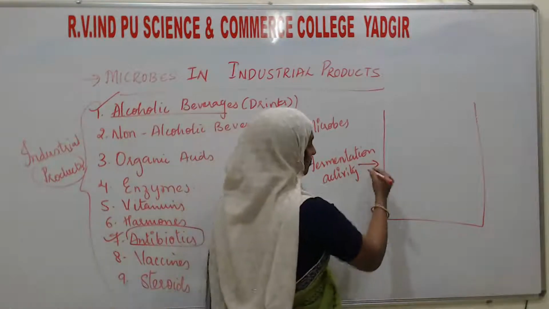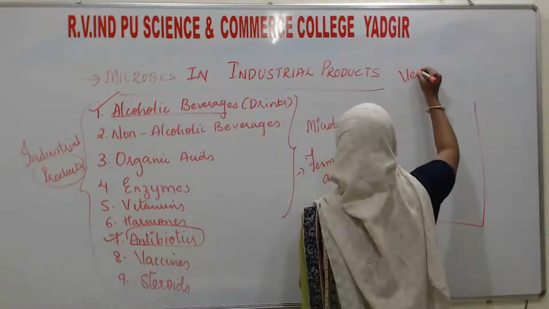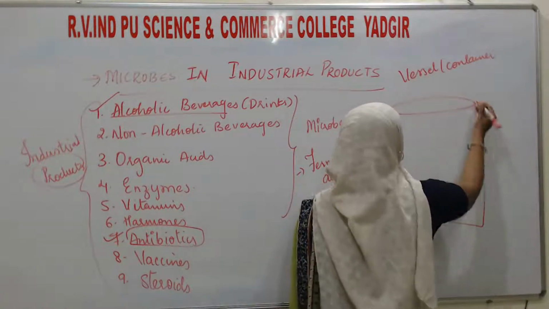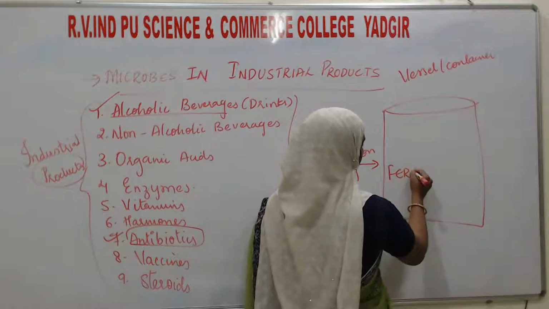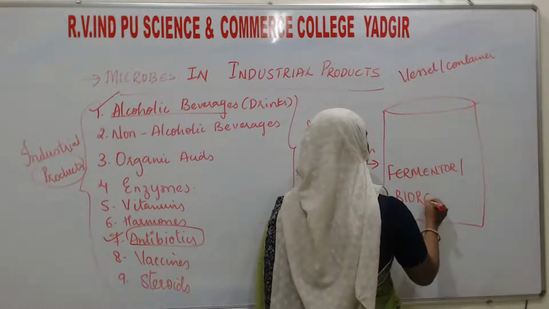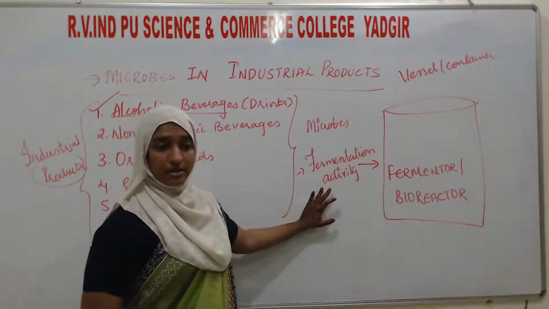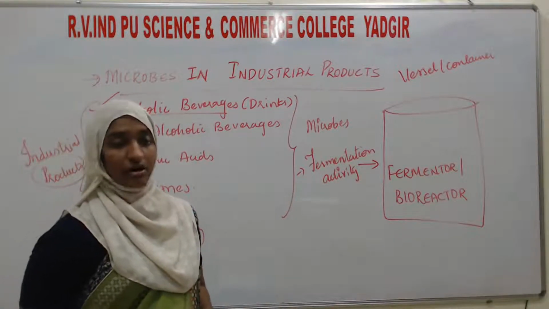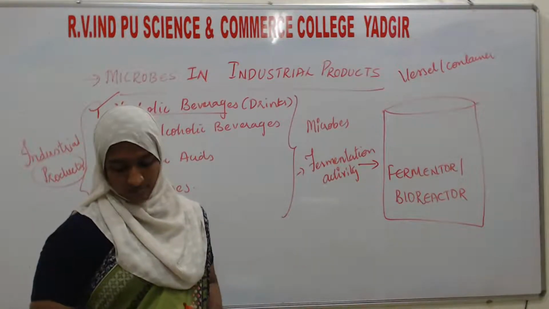This activity takes place in these large vessels or containers. That large container or vessel we call the fermenter or the bioreactor, in which this fermentation activity takes place for the production of these industrial products.